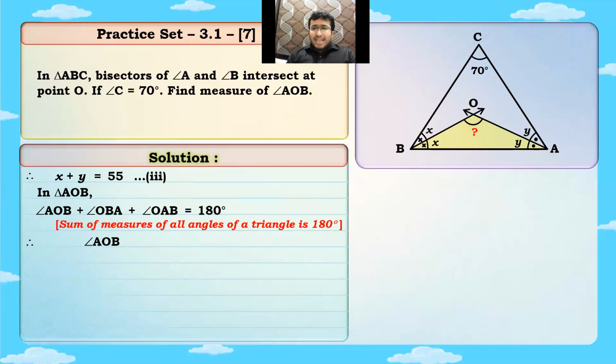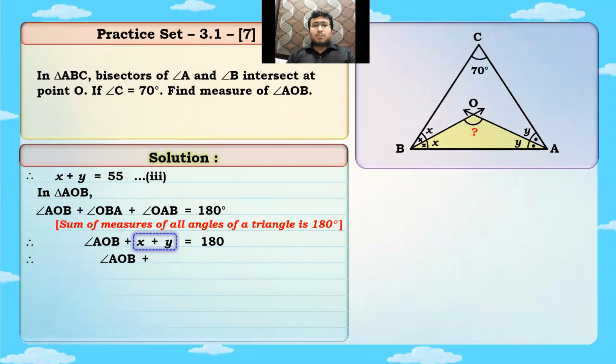AOB remains as it is, students. OBA. Tell me students, OBA can be denoted by which variable? Yes, X. OAB can be denoted by which variable? Superb. It will be denoted by Y, is equal to 180 degree. Angle AOB plus, tell me students, what is X plus Y?